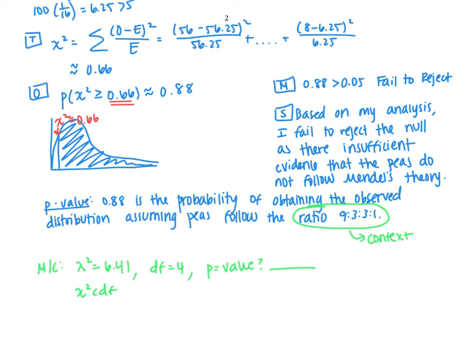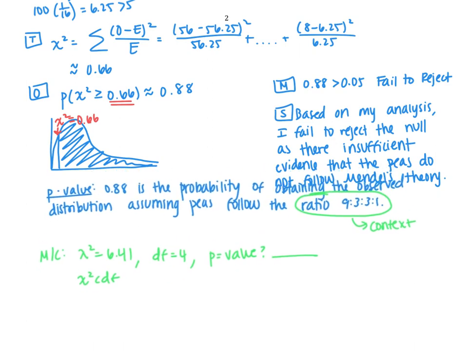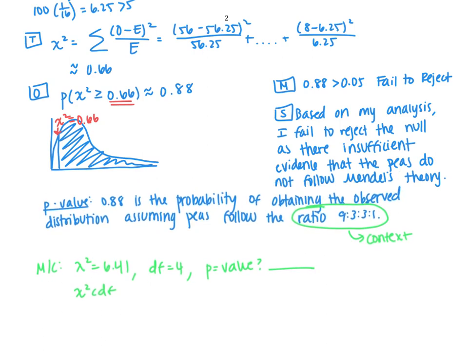It works exactly the same as T-CDF: lower bound, upper bound, degrees of freedom. Remember, for any chi-square test, it's always going to be upper-tailed. So your lower bound would be 6.41, your upper bound is 1 times 10 to the 99th, and you would have 4 degrees of freedom. Do that real quick, just to make sure you know where to find it and that you get the right p-value. You should get 0.17 as a p-value.